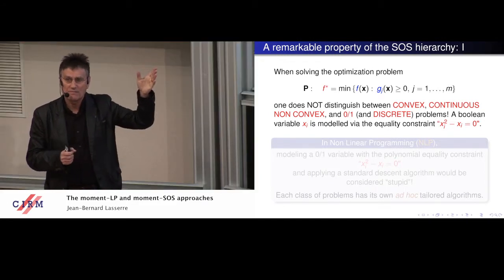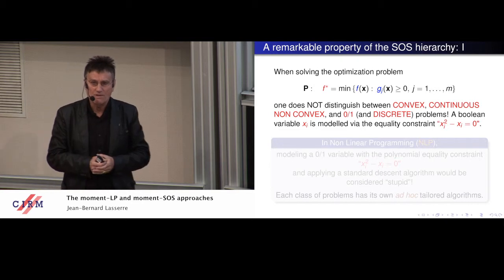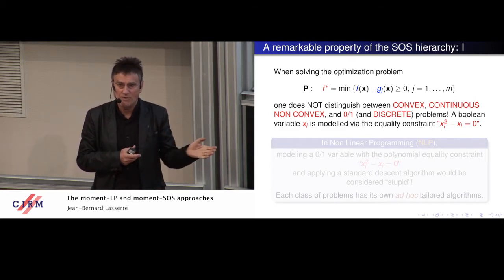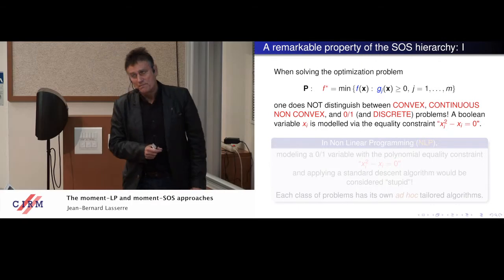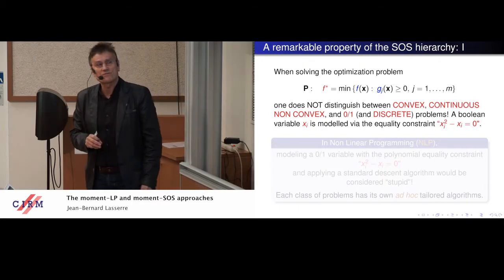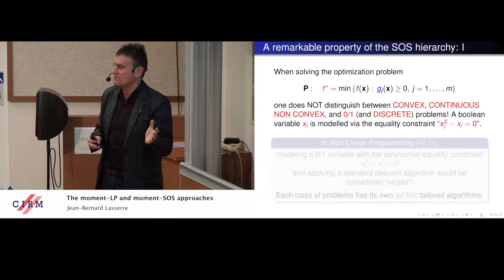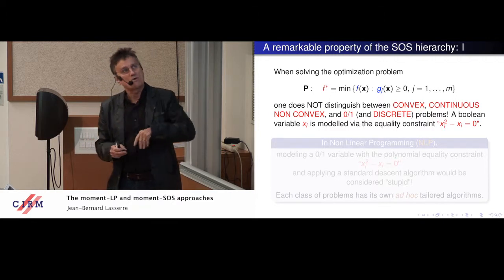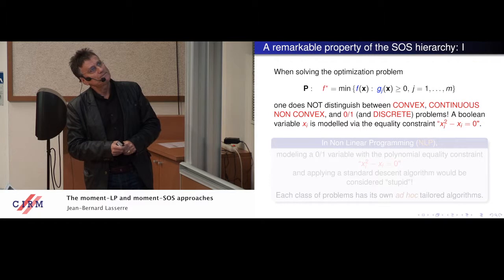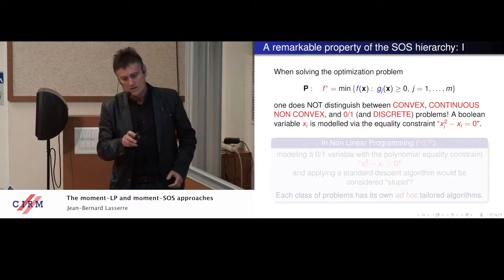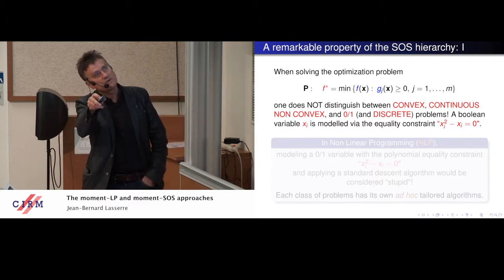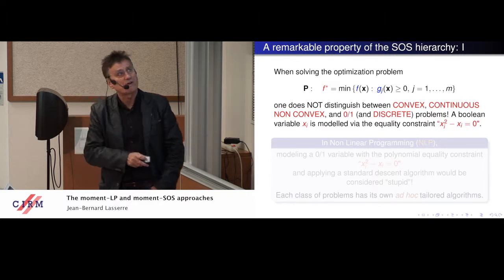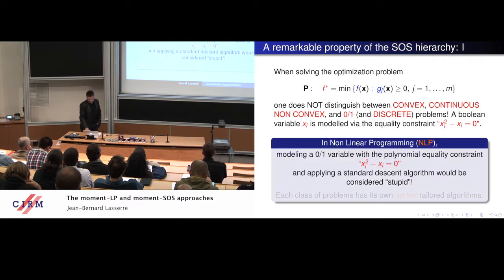You can have, at the same time, nice convex sets or completely disconnected sets, eventually with some discrete parts, right? But in the description of your set, you don't care. You just don't pay attention to the fact that your set is potentially discrete or convex or disconnected and so on. For example, if you have a Boolean variable, you would just model this constraint by a polynomial equality saying that x_i squared is equal to x_i, right? Which is completely orthogonal to what you do in nonlinear optimization, right?